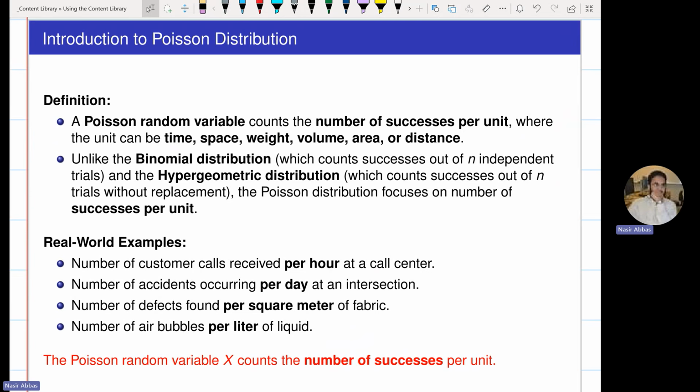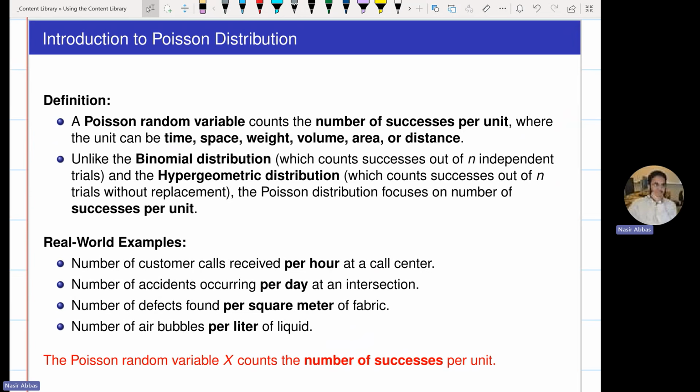Here you are interested in the number of successes per unit. Whenever you see per unit, per millimeter, per second, per kilometer, per kg, that's Poisson.